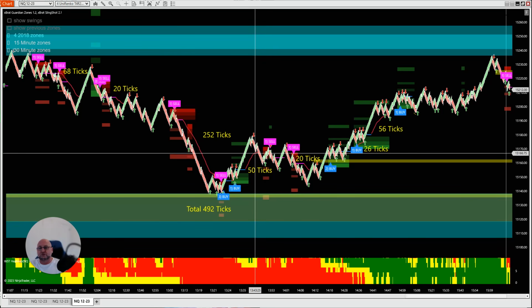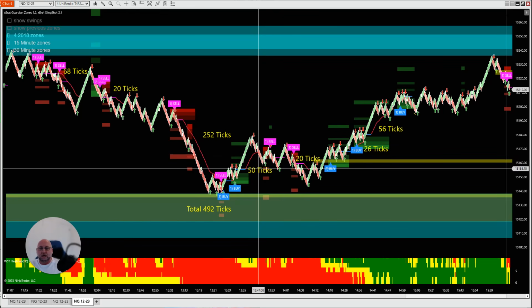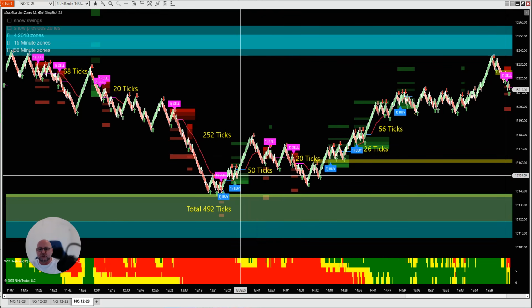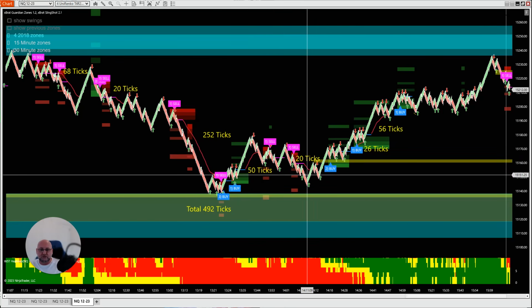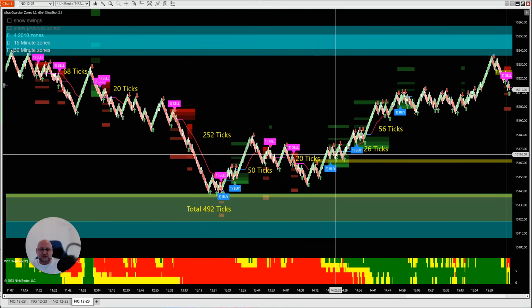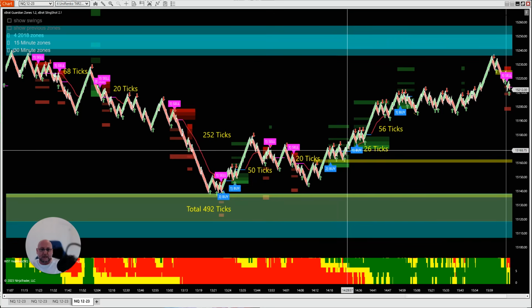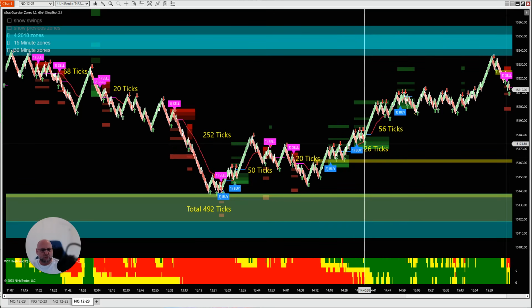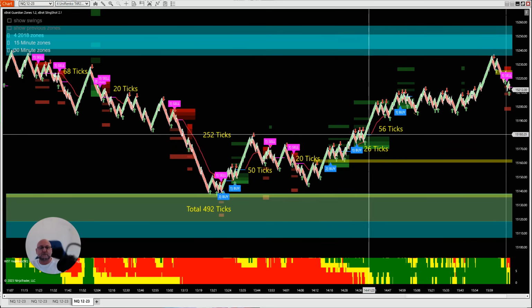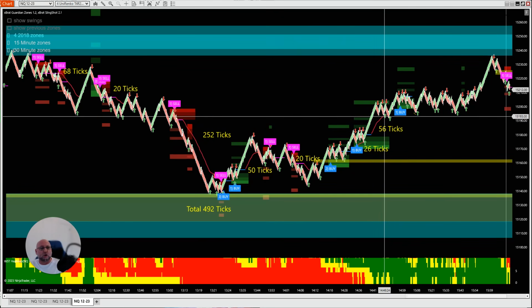So all of a sudden now we can see we're getting smoother because we're getting more trading opportunities with this SlingShot strategy. We get a 50 tick long, we get a 20 tick short, we get eventually with this 2-star buy here gives us 20 ticks. It's a slow mover, but it's still okay. And then we get a 56 tick long here.